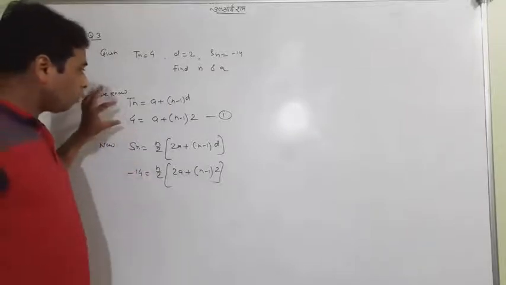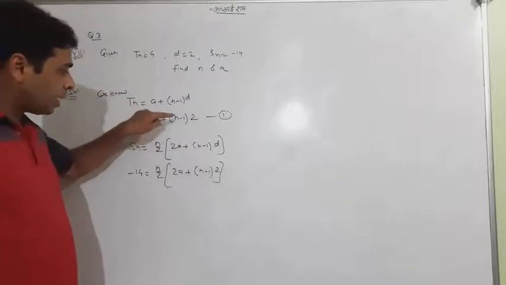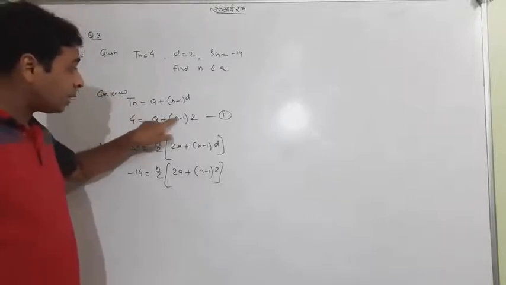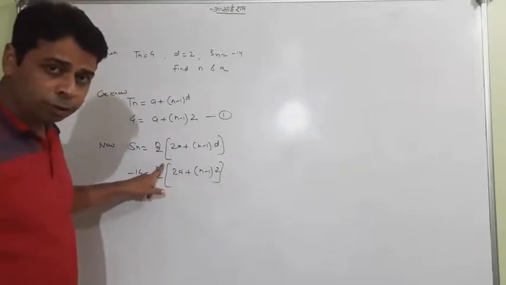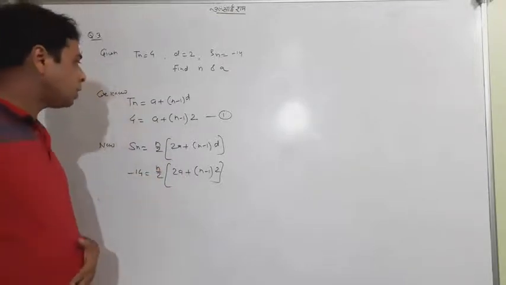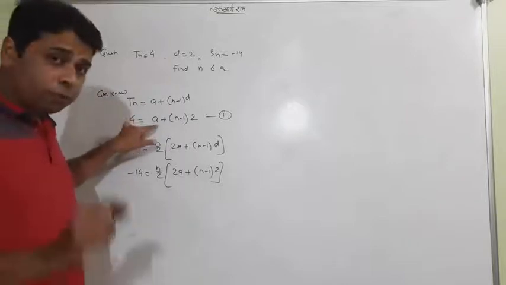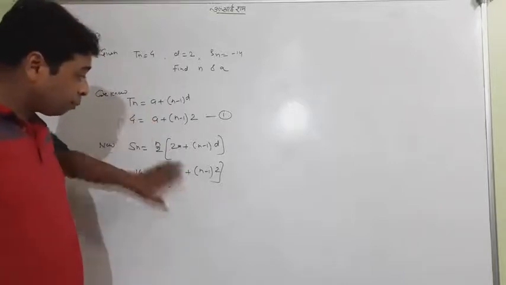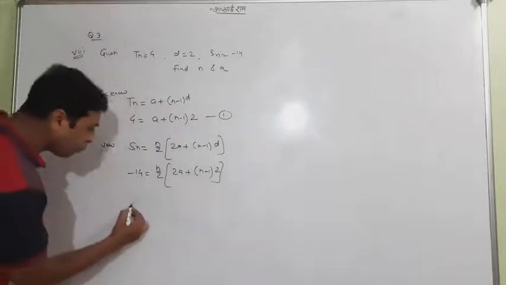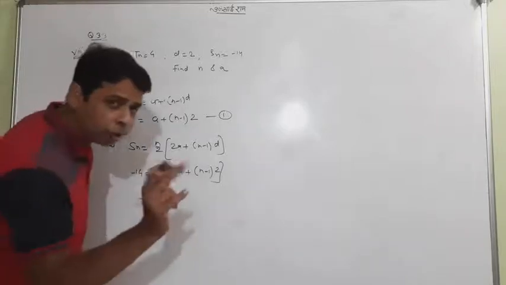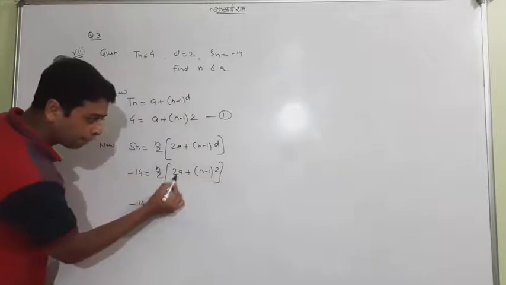So we now have two equations where a and n are unknown quantities. So what to do? I simply suggest you put the value of a from here and put it here. It's going to be a little long, but don't be afraid of it. Now, let me first make it a bit easier. Look at it properly. Take out 2 common.